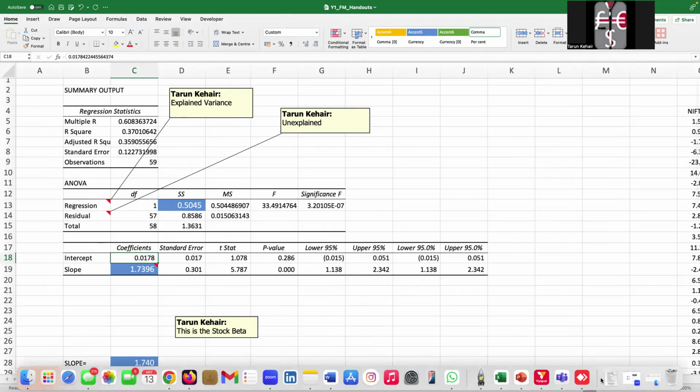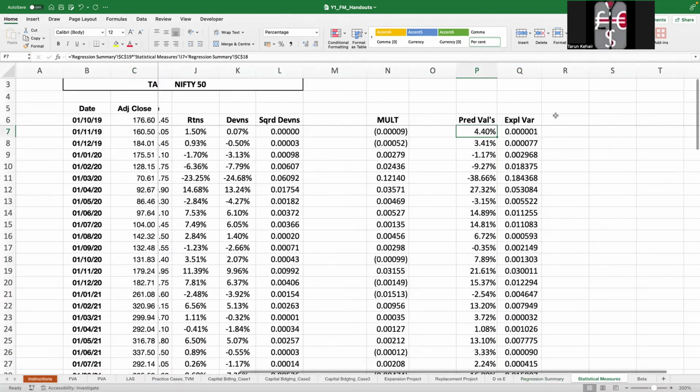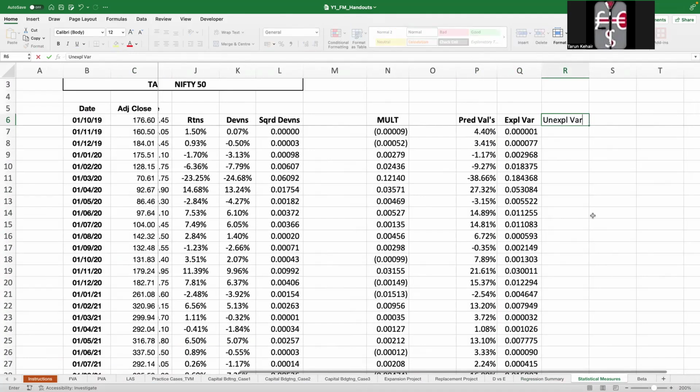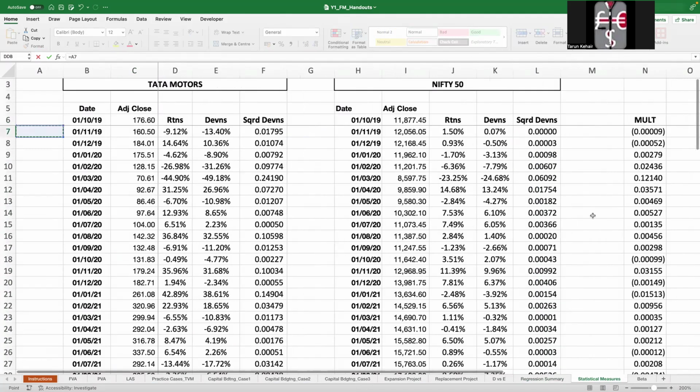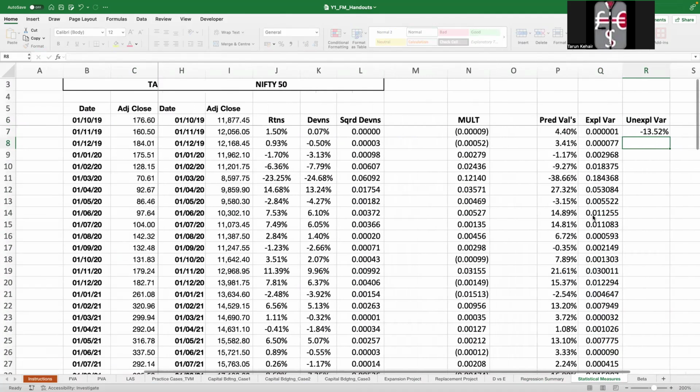So now what I will do, I will find out the actual minus predicted, which will be your unexplained variance. So actual value of Tata Motors return minus predicted value of Tata Motors return. इसका हमेशा we'll take the square terms. तो ये देखो ये हो गया square terms.